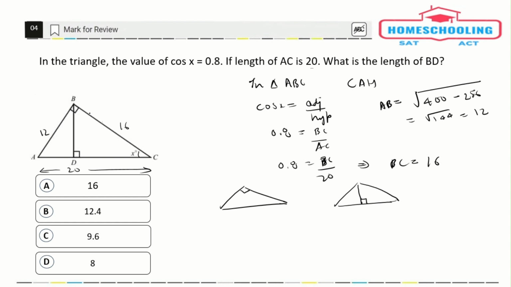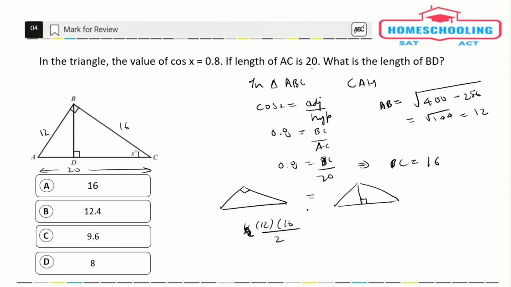And as we know, the area of both the triangles would be the same. So let's take the area of this triangle. Area would be half into base into height, where base would be AB, 12 into 16.